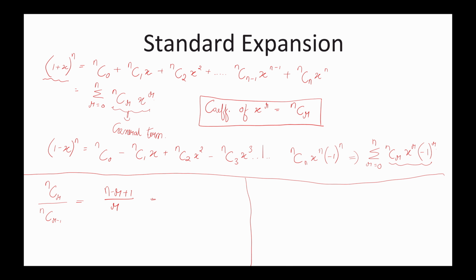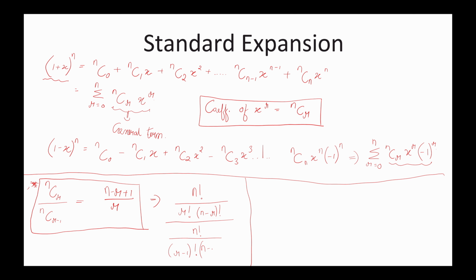If you look at the proof of this equation, first let me put this in a box so that you remember this. If I were to prove this equation, how can I write this down? The numerator would expand as n factorial upon r factorial, (n minus r) factorial, whole upon n factorial upon (r minus 1) factorial, (n minus r plus 1) factorial.